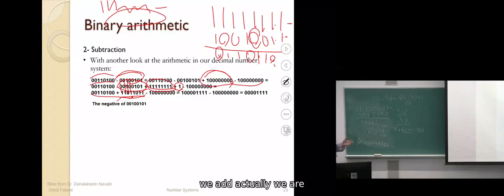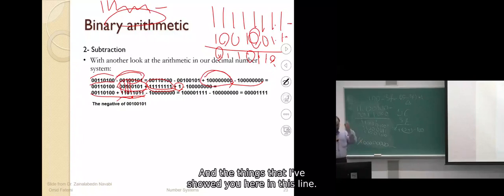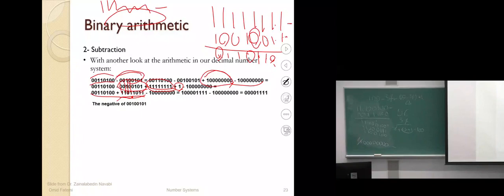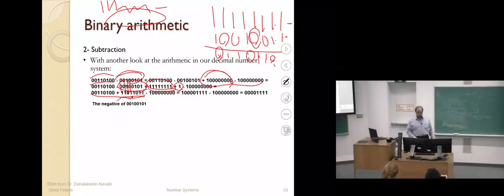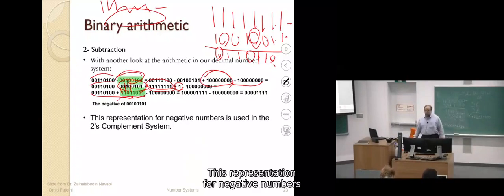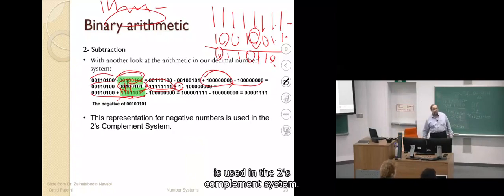That we are adding something, subtracting something, and the things that I've shown you here in the slide. This representation for negative numbers is used in the 2's complement system.